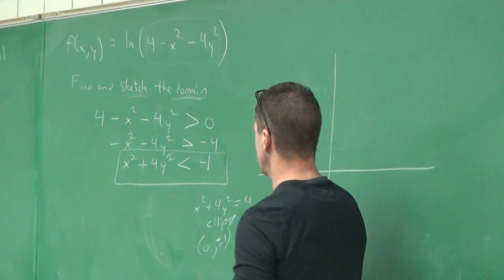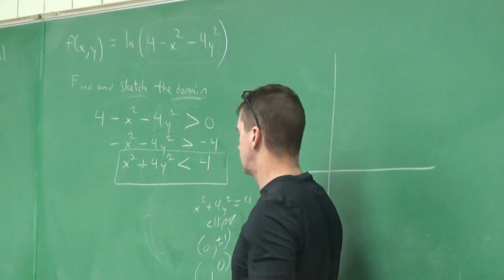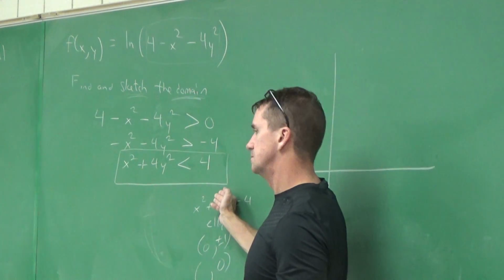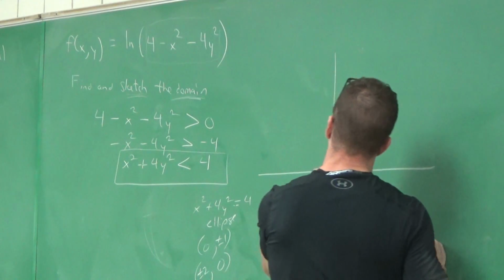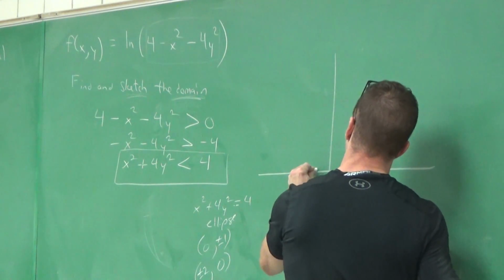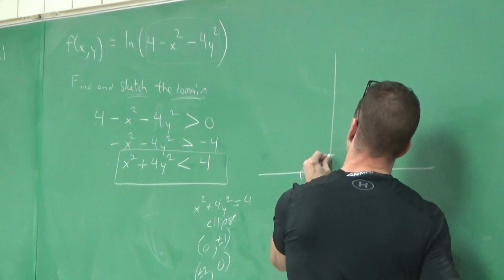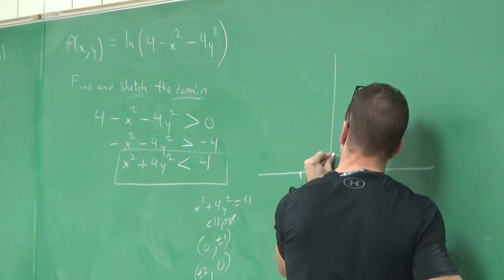Let me get 2 easy points. Now, let y equal 0. What if y is 0? x is plus or minus 2. Also -2. Alright. Sketch your ellipse. Curve.